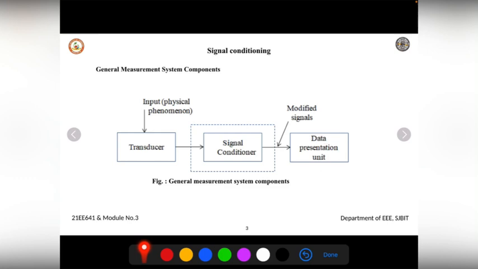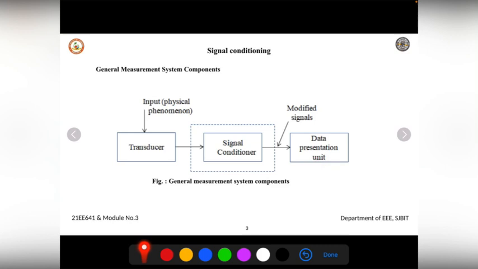So basically, in the first stage of the instrument, the system detects the measurand. That is nothing but the input physical phenomenon, which is also called the measurand, and this stage is termed the detector or transducer stage. The output from the first stage needs certain modification before it is compatible with the data presentation stage.